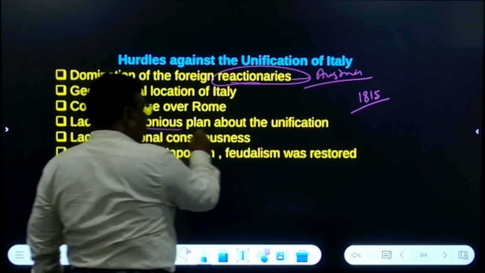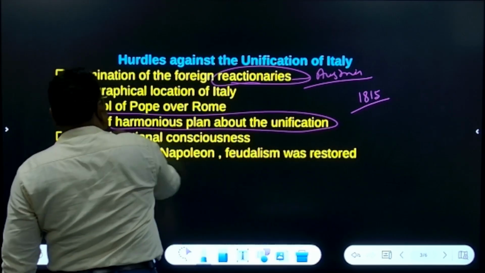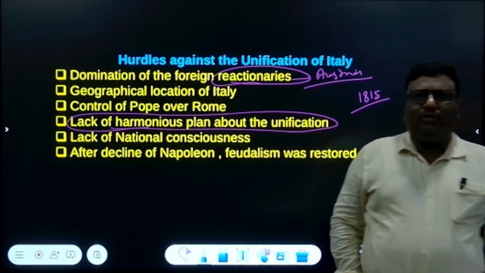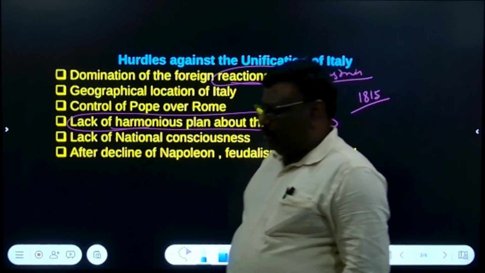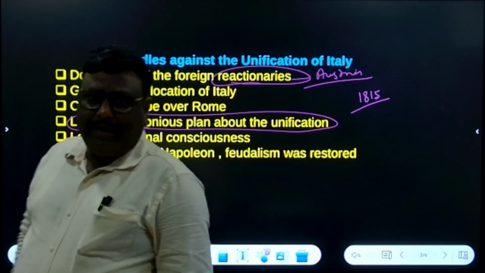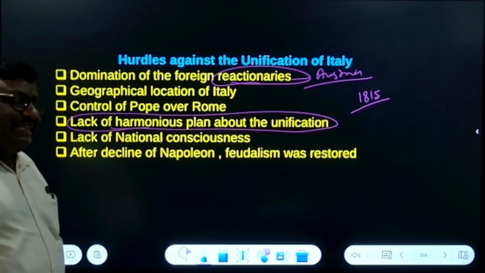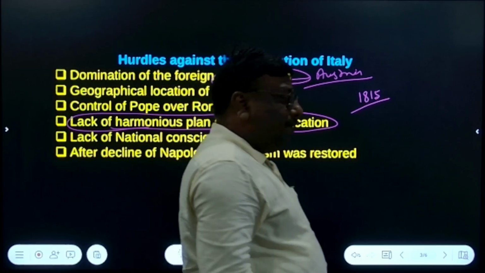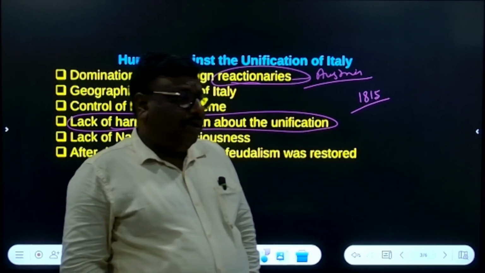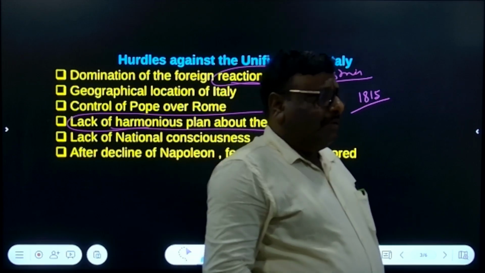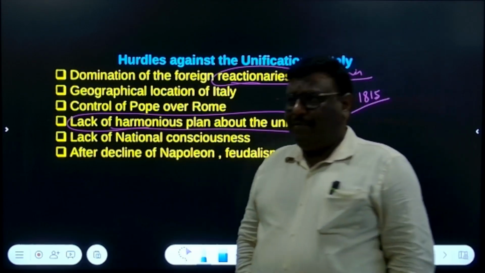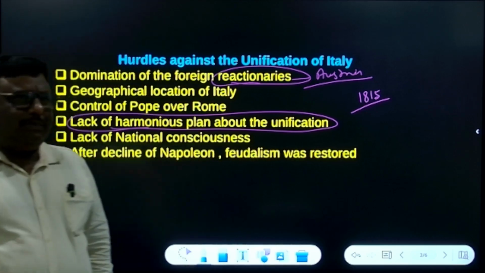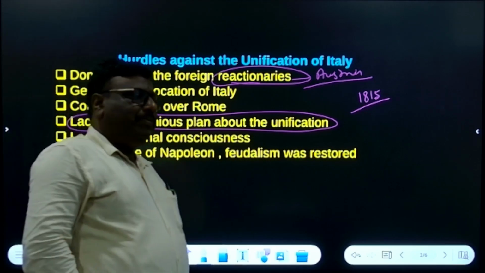This was another big hurdle. Some Italian scholars thought that through revolution they could unite Italy and establish democracy in Italy. Some people of Italy thought that Italy could be a federation through plebiscite, through referendum.